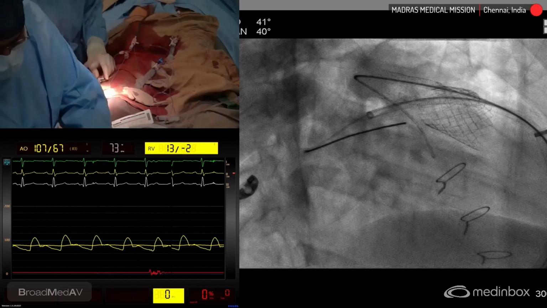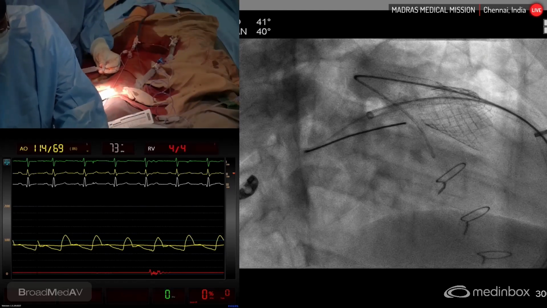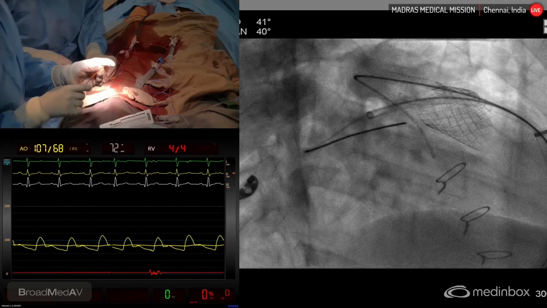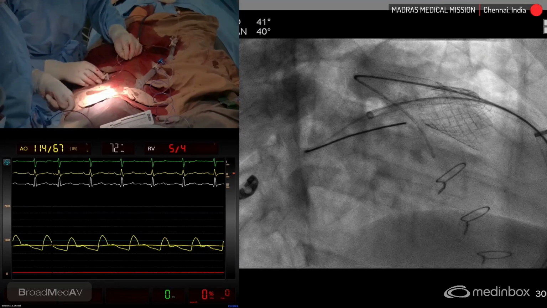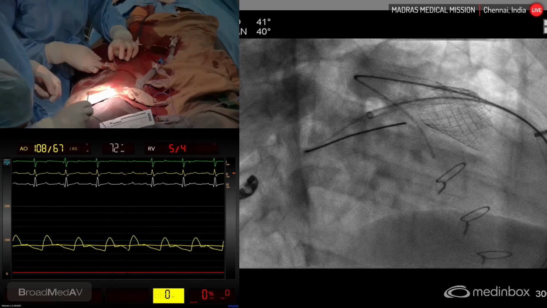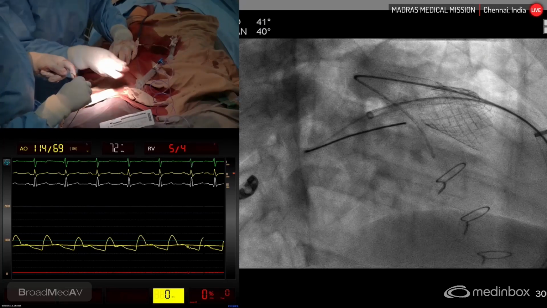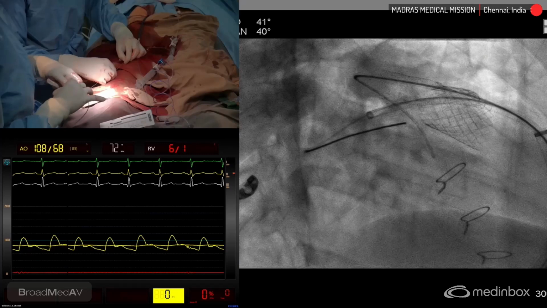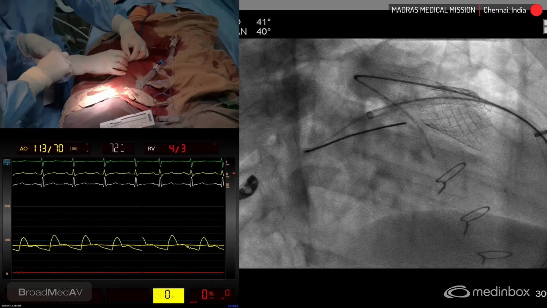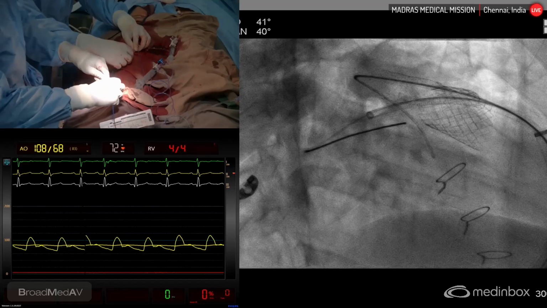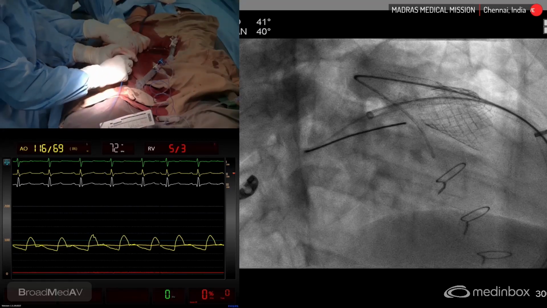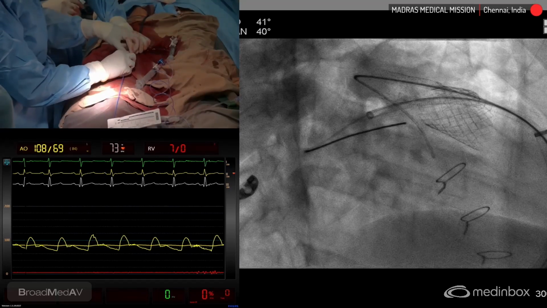Central lumen flush. Central lumen is here. Yep.